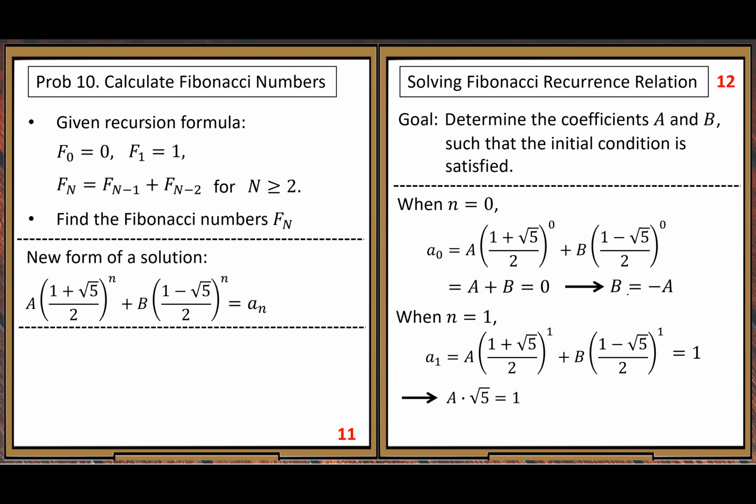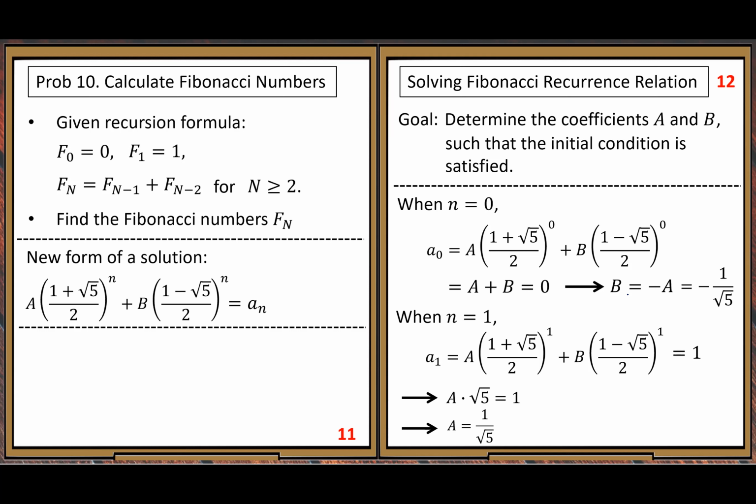After simplification, we find A times root 5 equals 1. That means A equals 1 over root 5. After that, B equals negative 1 over root 5. The two parameters A and B are discovered.